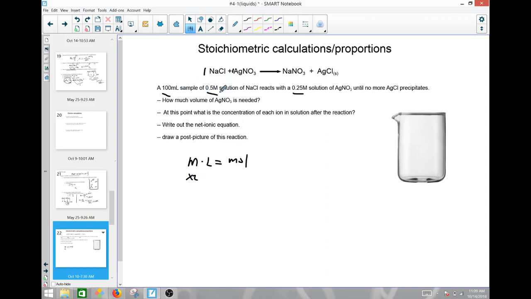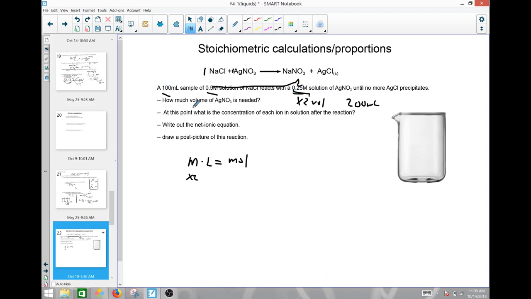So in this situation, the proportional way of solving this question is that because I have half the concentration, I will need twice the volume to match it. So the answer is going to be 200 milliliters. 200 milliliters of this stuff is required to get the same quantity of moles as this stuff would.